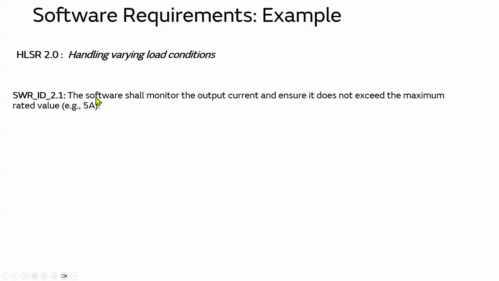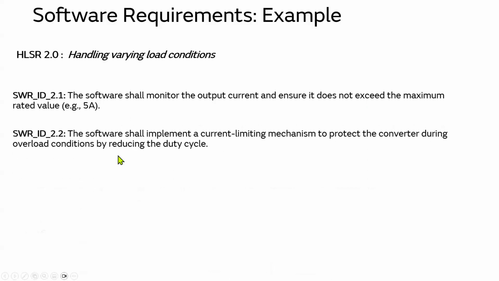Yeah. So which means I'm trying to put some constraint to ensure that I'm supporting the varying load conditions. Also, I need to think about other software requirements. So now, just to give you an insight, what the system engineer will give to a software engineer will be the high level requirement.